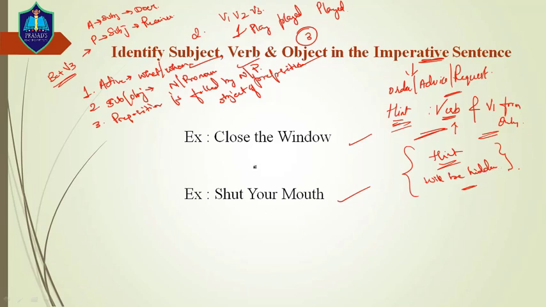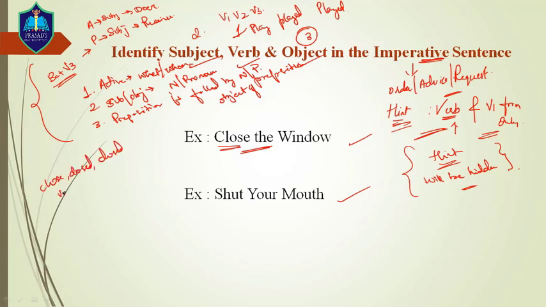I'm taking the first example here: Close the window. I'm following the same rule. The first thing we have to do is identify the verb. Which is the verb here? Close is the verb, because we can form close, closed, closed.